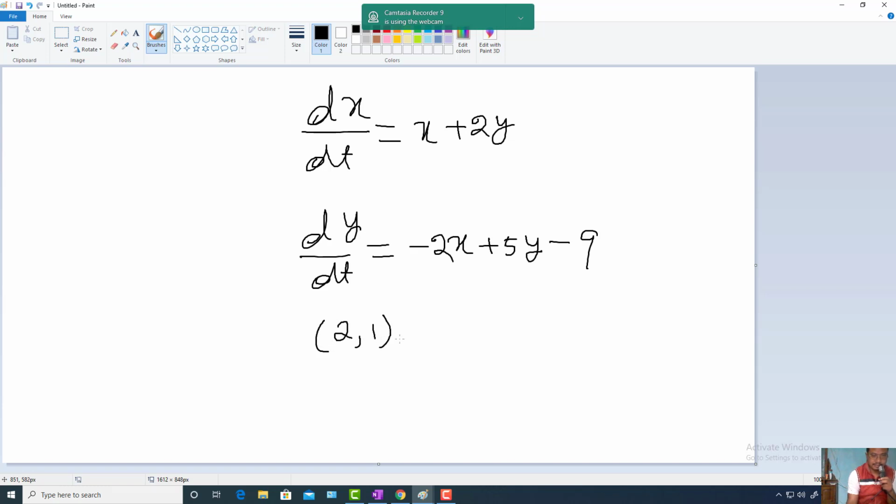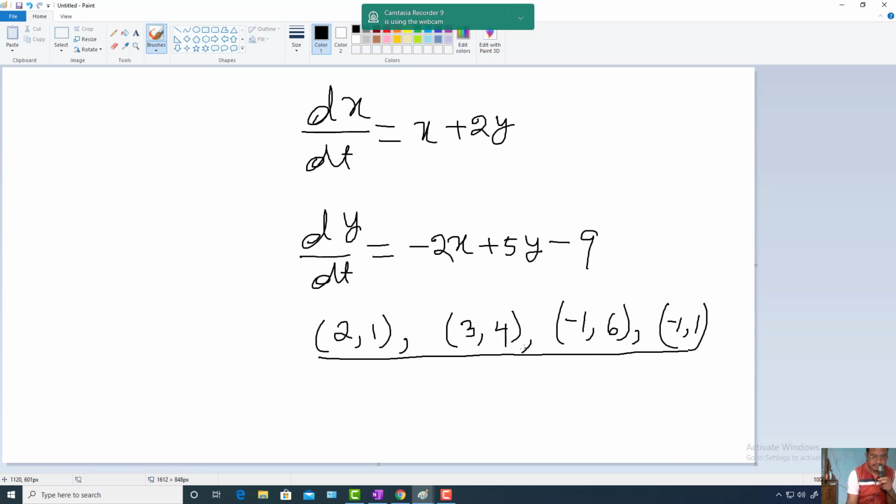In an examination you cannot draw it, but you can find it at certain points, like say 3 4, and then minus 1 6, and then say minus 1 1. So at these four points you find the slope, so then you can roughly find the direction of the tangent vector at the curve.